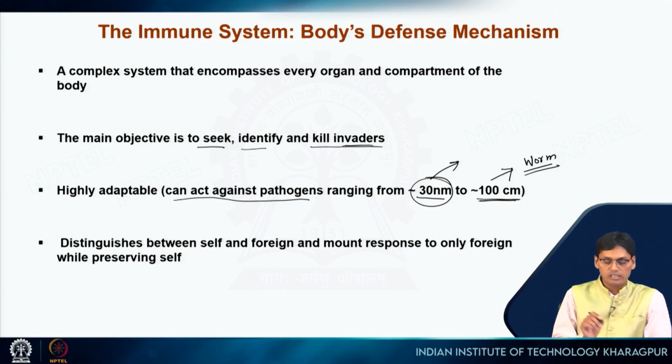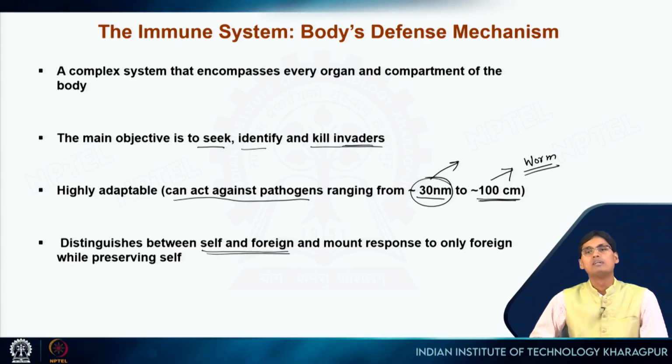And this is the most important thing, I would say: it distinguishes between self and foreign, and mounts a response only against foreign while preserving self. Our immune system should not act against our own body parts, our own molecules, physiologically relevant molecules. Otherwise we will develop another type of disease, which is called autoimmune disease.